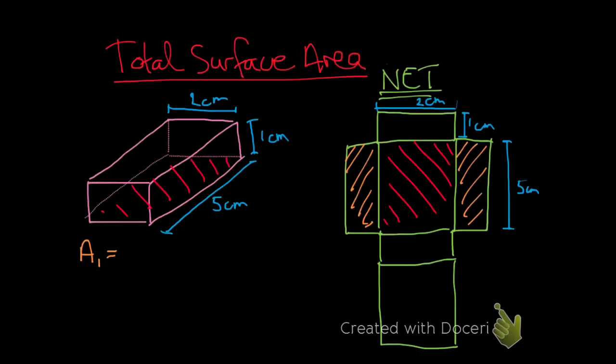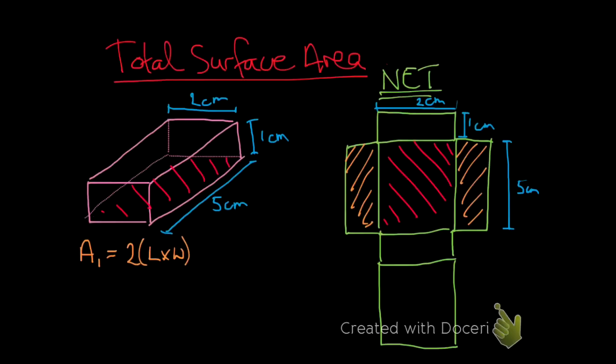The way I'm going to represent it would be 2 length times width. Basically, I'm working out the area using length and width of one of the faces, and I'm multiplying it by 2 to get both of them together.